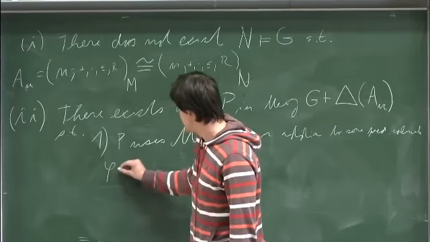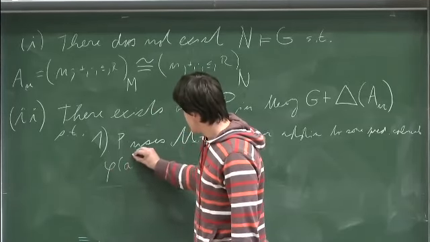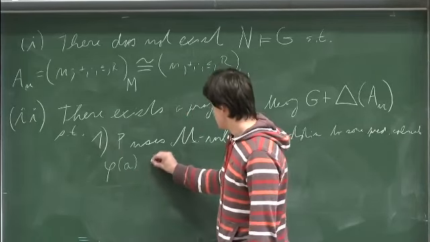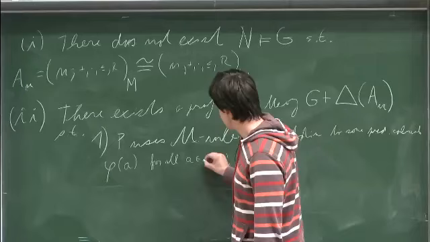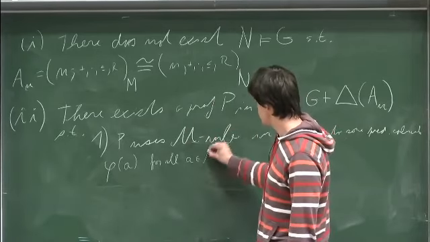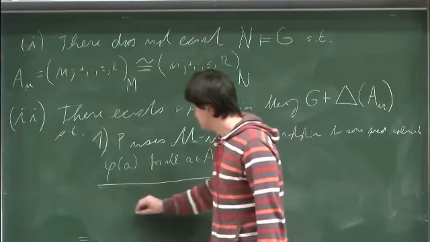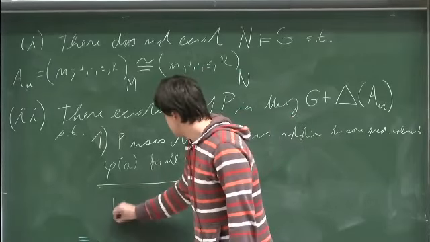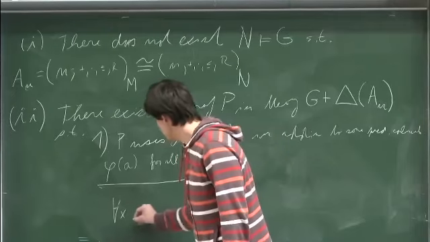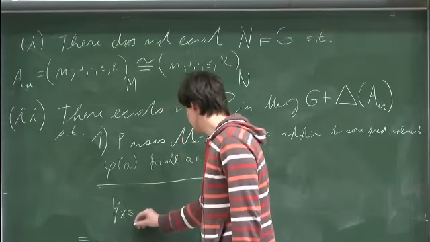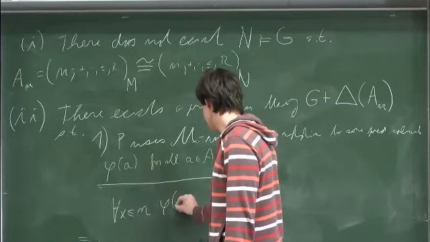If we have derived some sentence phi about an element a for all elements a from our structure A_n, then we can derive phi(x) for all elements x less than or equal to n, because that's the domain of the structure.